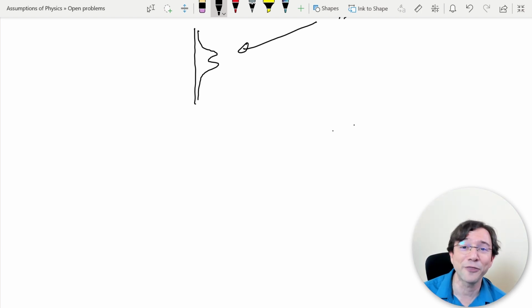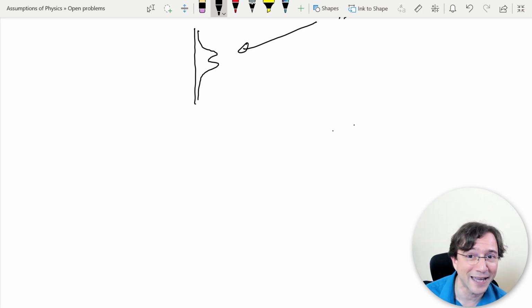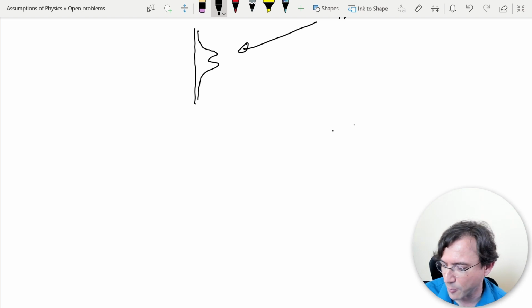Okay, so there are three ways that I could think of approaching this problem, and two of them are recycling work that is already being done. One is, again, from decoherence. The story there is that there is really an entanglement with an external system.